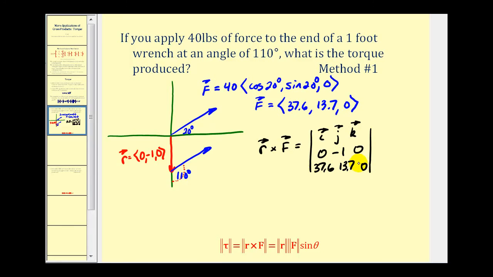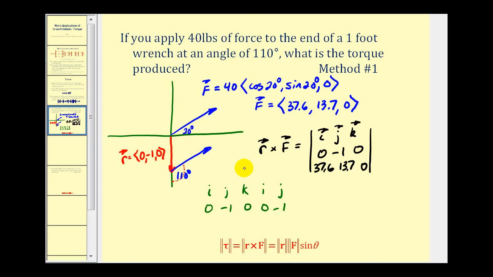And now we need to evaluate this determinant. I'm going to go ahead and use the diagonal method for this one. So we'll have i, j, k, and then i and j again. The second row is going to be 0, -1, 0, 0, -1.